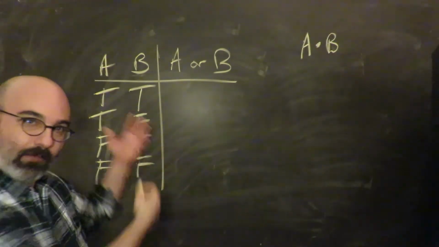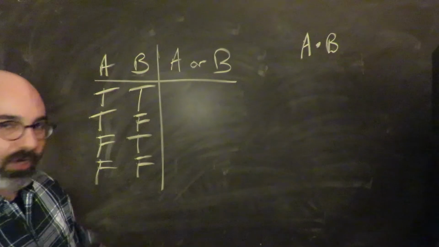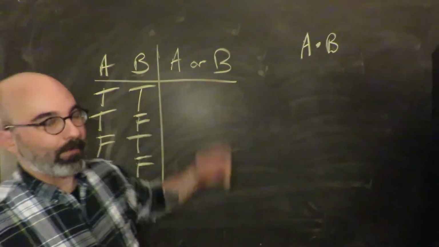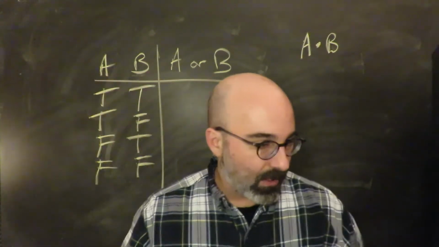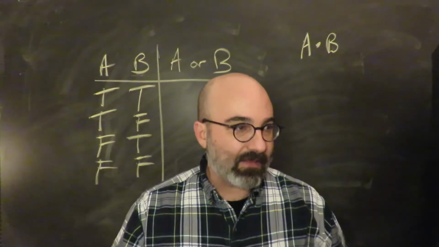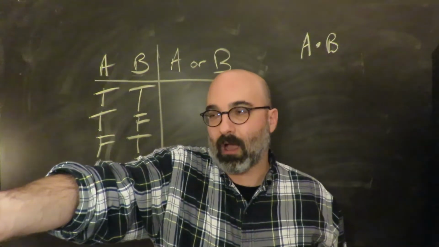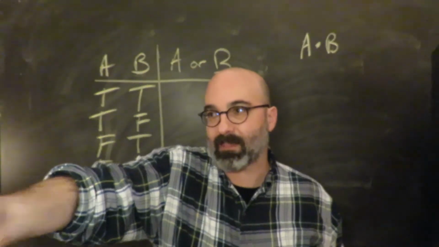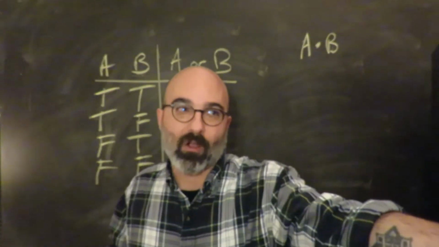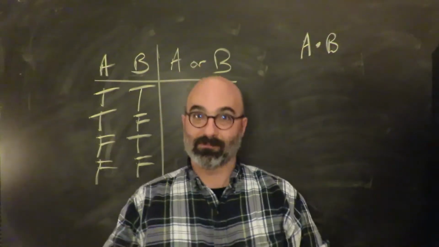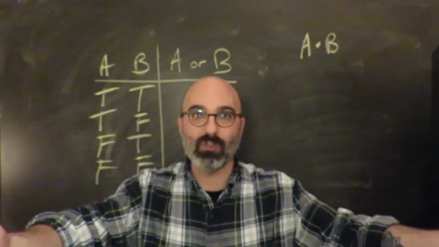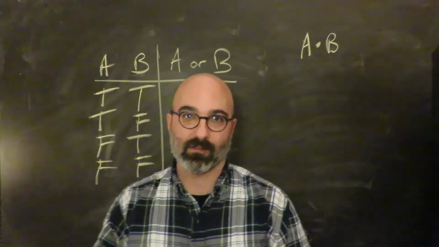Okay, so again, basic truth table over here. Let's start plugging them in. So if I say A or B, let's say you could get an A in this class by either doing all the homework on time and things like that, or cramming really hard right before the tests. Okay, so those are two ways for you to be able to get an A in the class.